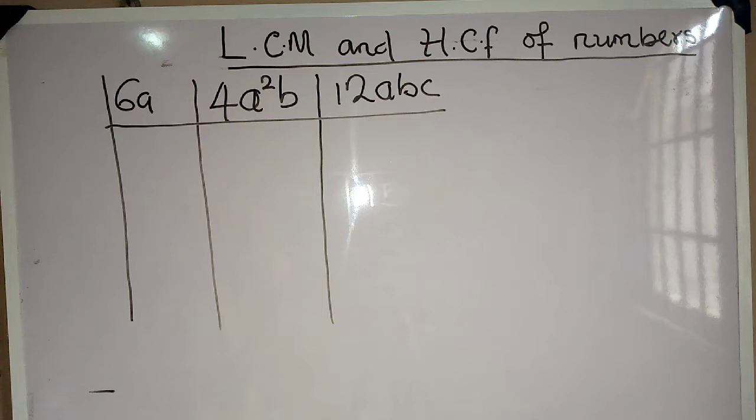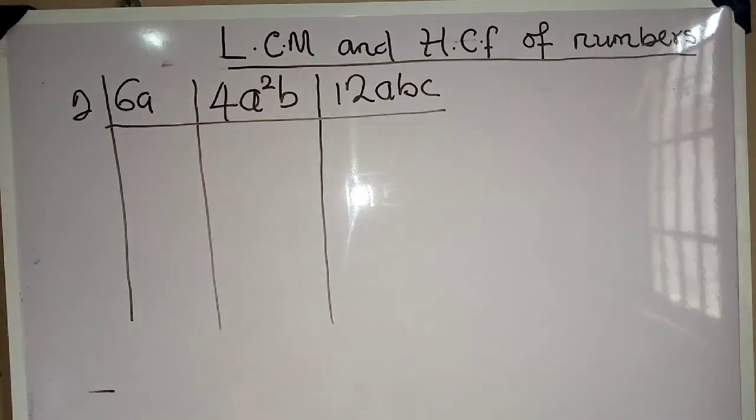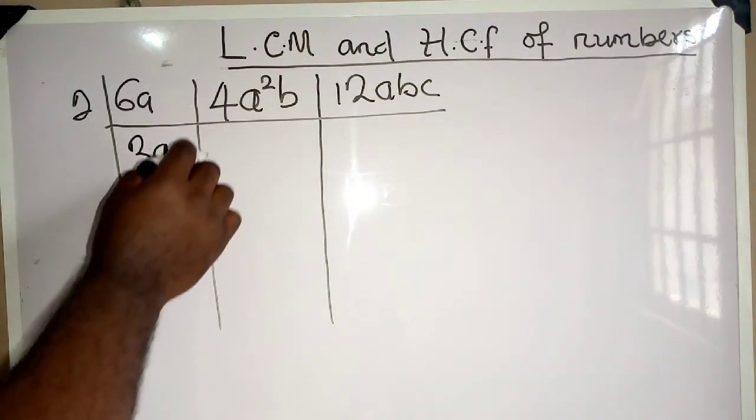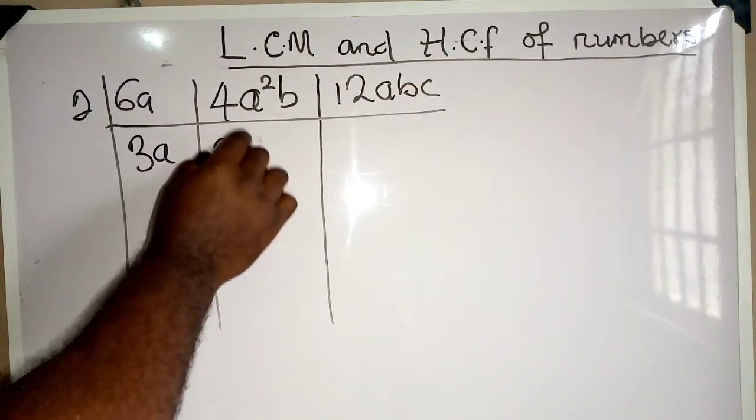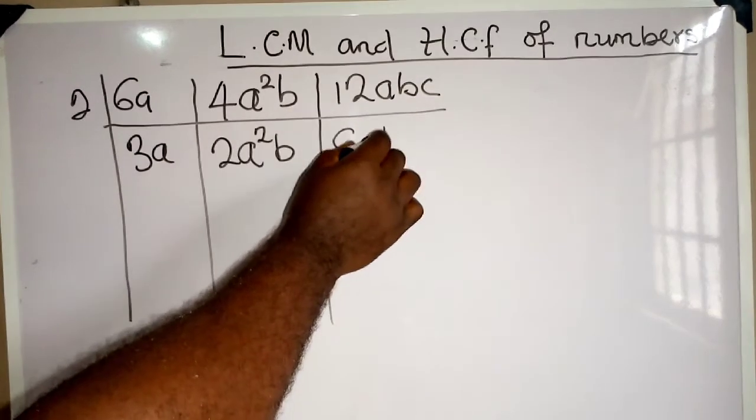That is the smallest number that can divide them without leaving any remainder. I will say that 2 can divide because 2 is a common factor. 6a divided by 2 will give me 3a, 4a squared b divided by 2 will give me 2a squared b, and 12abc divided by 2 will give me 6abc.